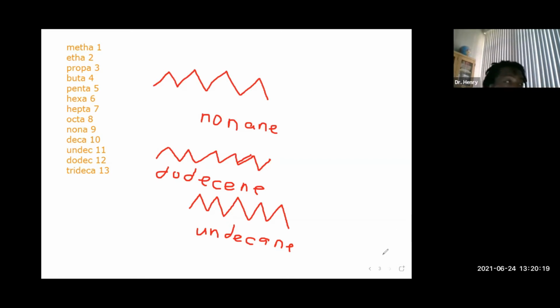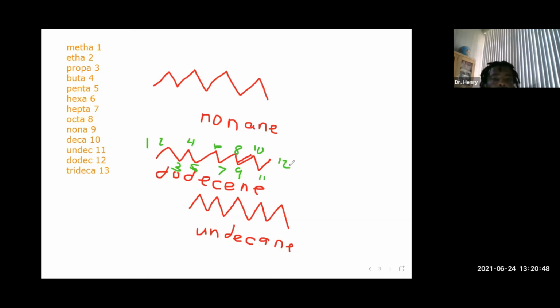So I have 2 ways of numbering this carbon. I can number it this way: 1, 2, 3, 4, 5, 6, 7, 8, 9, 10, 11, 12.